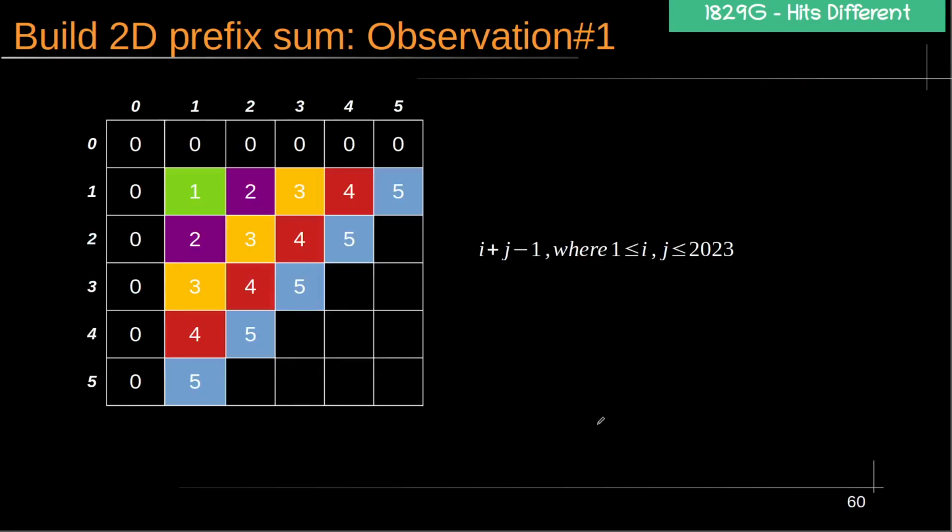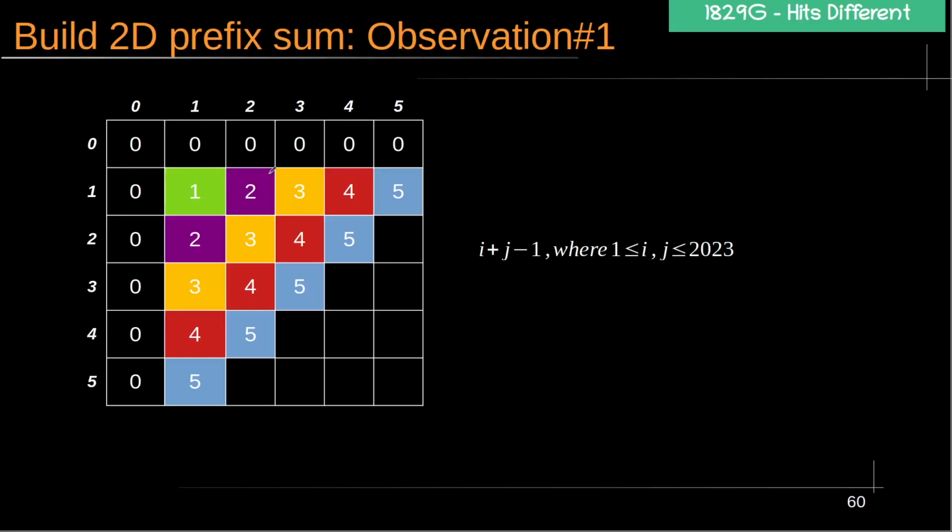How to find the diagonal? If we have a matrix, it's very easy. This is a well-known trick: we just sum the row number plus the column number. But here, because we index from 1, we have to subtract 1. For example, for diagonal 1, we have 1 plus 1 minus 1.